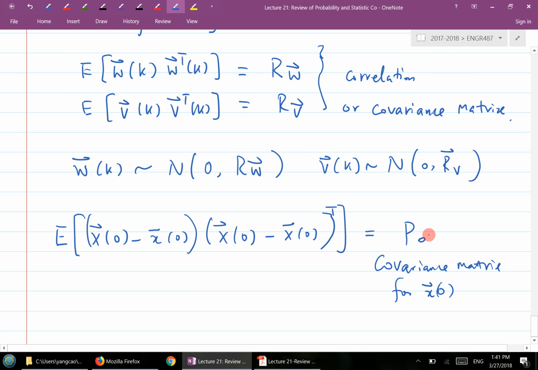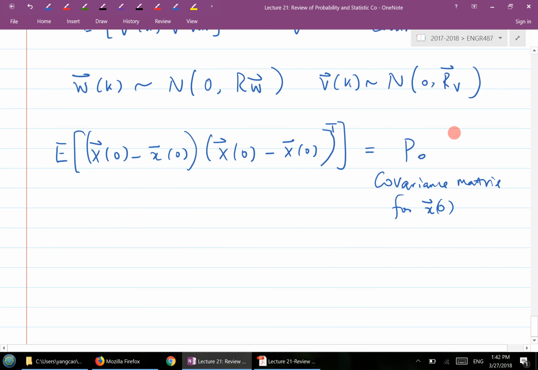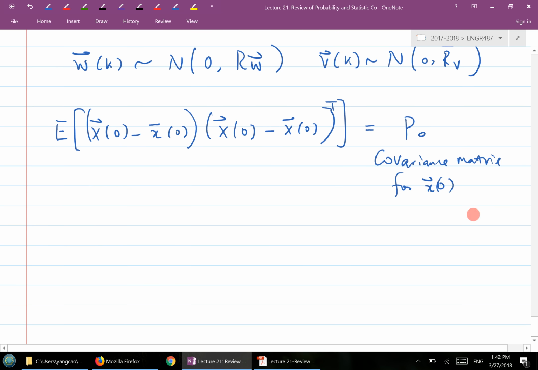If you think your initial guess is very much wrong, then this is a large matrix with a large covariance. If you think your initial guess is pretty good, then you can give a smaller value for the covariance matrix. So then what's a Kalman filter? The Kalman filter takes the format like this here.